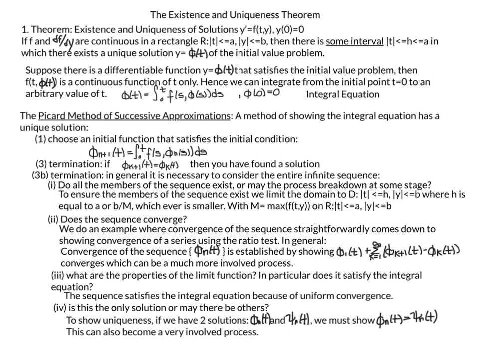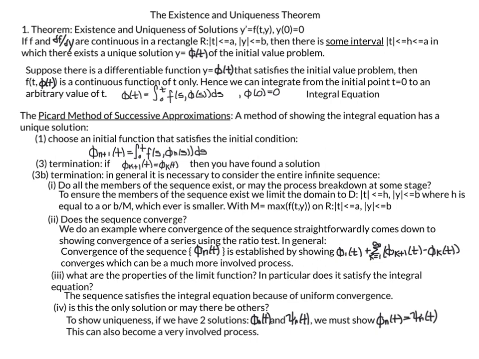Our theorem says if f and df/dy are continuous on a rectangle, and here our domain is a rectangle since y prime depends on two variables, t and y. So our domain is two-dimensional, where the absolute value of t is less than or equal to a, and the absolute value of y is less than or equal to b.